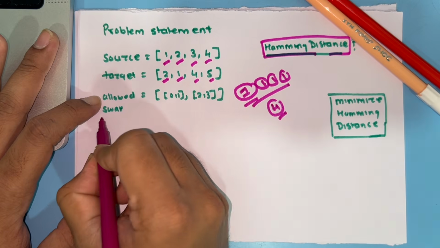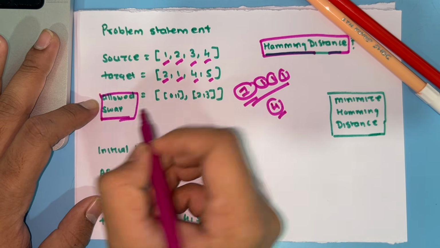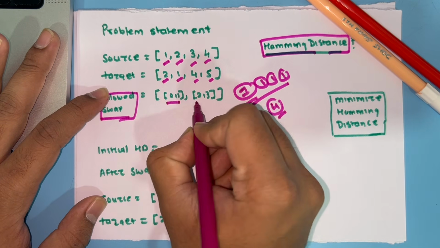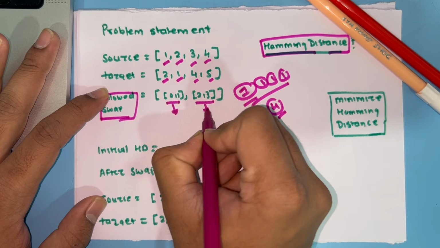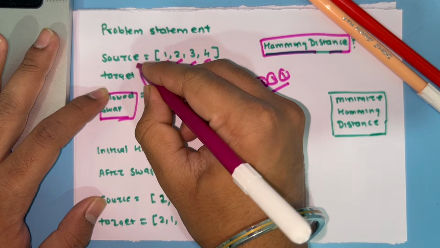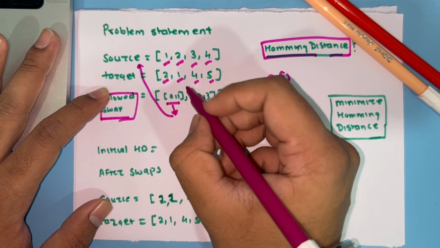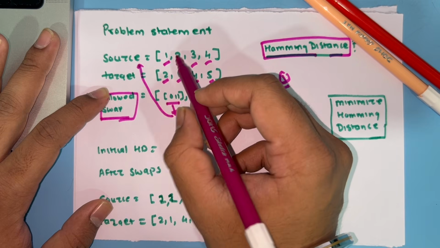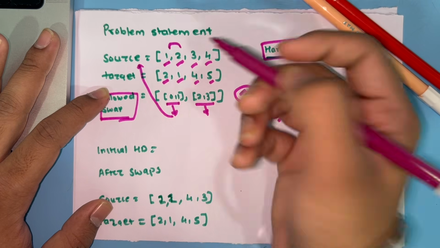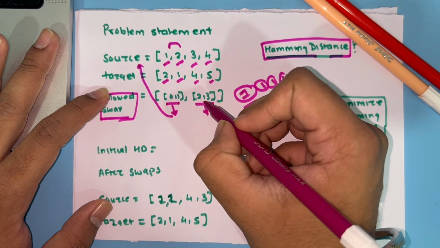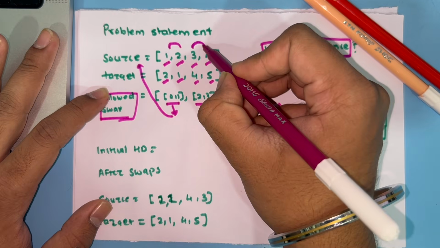Now what is the use of this allowed swaps? We have been given the pairs 0 1, 2 3. It means we can swap the 0th and first position elements in the source array. So it can be 2 1. We can swap this any number of times, and 2 comma 3 can also be swapped. So 3 and 4 can be swapped.